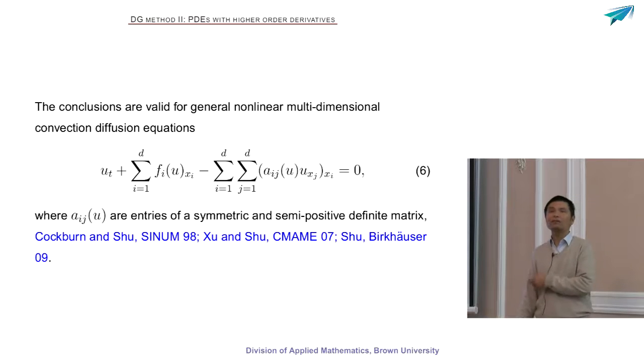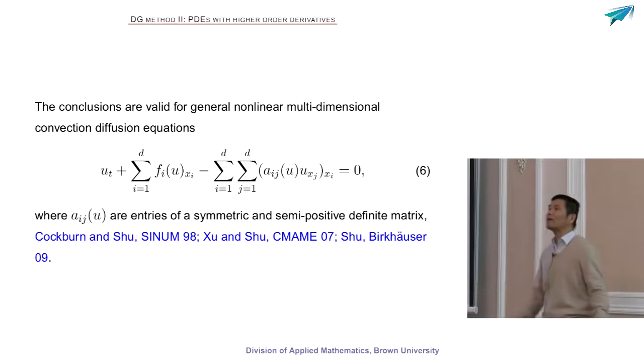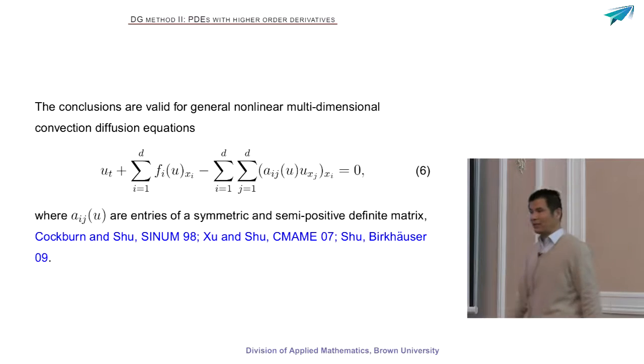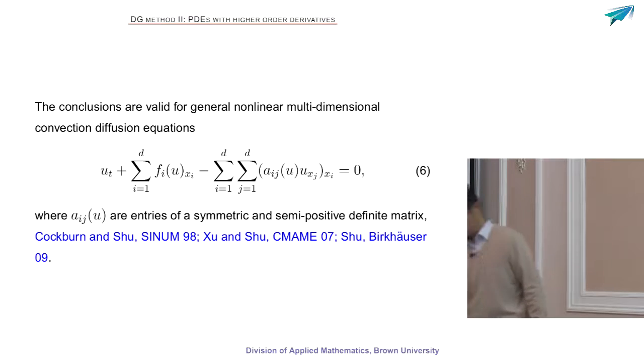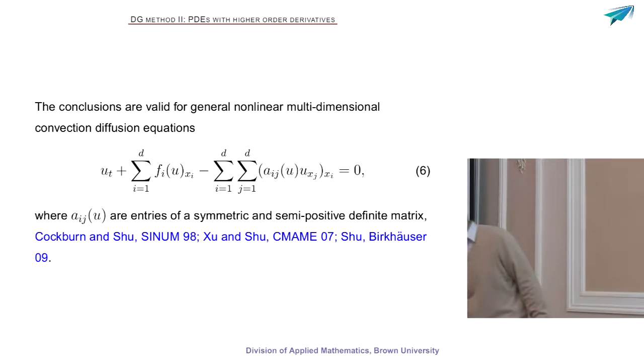So this is the most general form of possibly degenerate convection diffusion equation. So you can degenerate, it does not matter. The method will still be stable, and you still can perform error estimates. So the LDG method is actually quite general from this point of view.